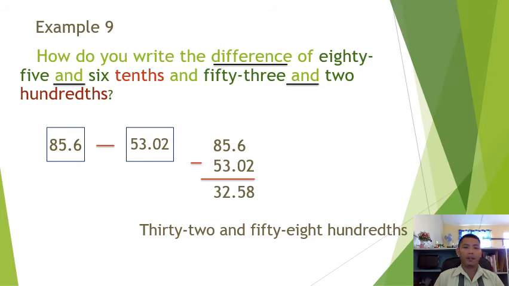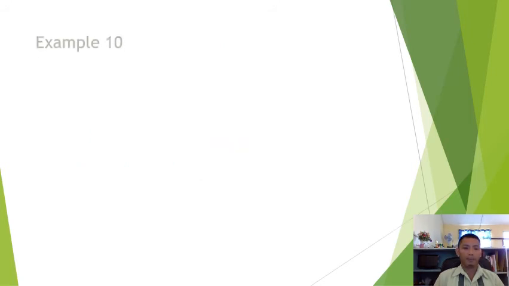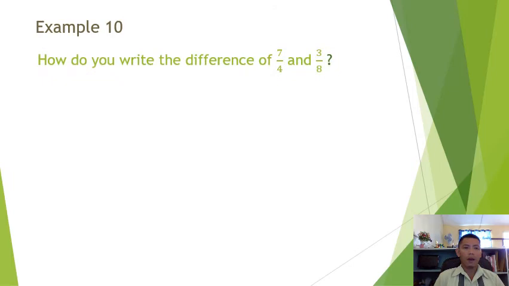Next example. How do you write the difference of 7 over 4 and 3 over 8, or 7 fourths and 3 eighths? 7 fourths means we have 7 pieces of 1 fourth.